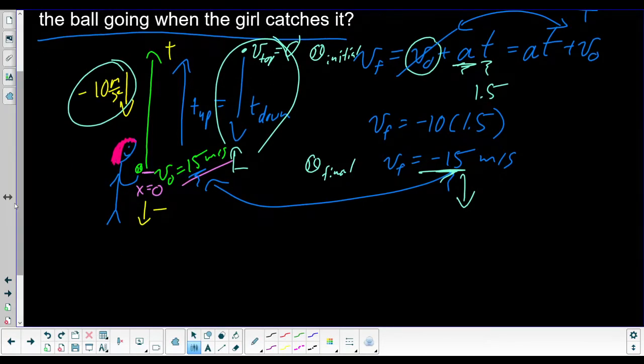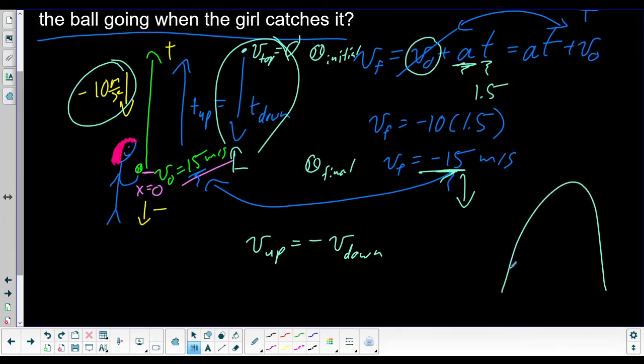So what we've learned from this example is that V up equals negative V down. Meaning when you throw anything into projectile motion, the velocity right here equals the velocity right here, but in the other direction.